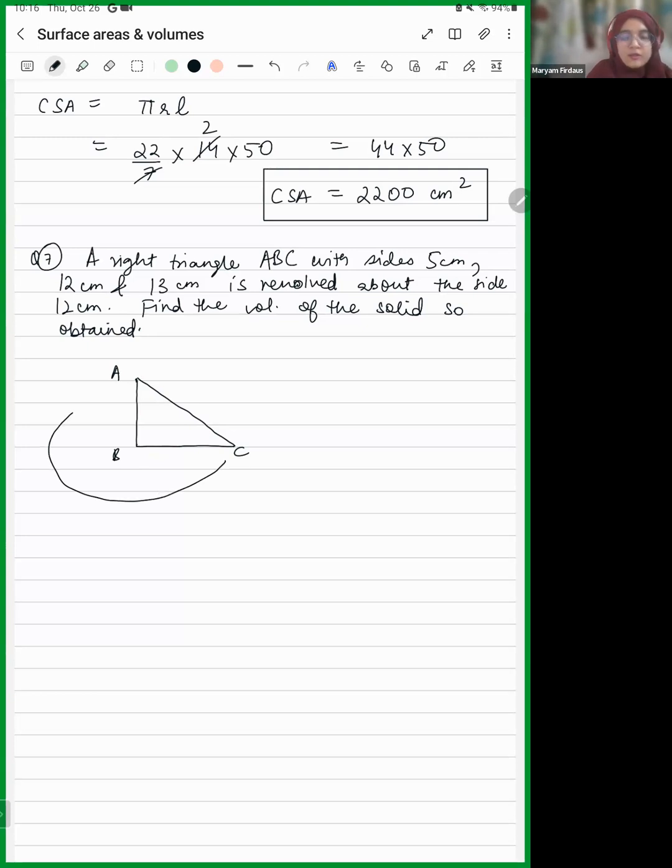Just imagine it is revolving like this. This is your A, and then it is revolving like this. Just a minute, I will show you the video of it, it'll become clearer. Okay, ma'am.